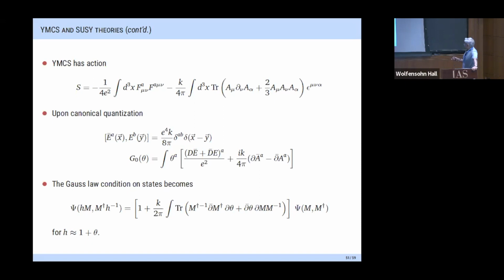So we can look at that, and what it does is the following. If you think of Gauss law as generating an infinitesimal gauge transformation, this is the condition of the Gauss law. It's not that psi gauge transformed is equal to psi. There is an extra factor coming from here, which arises ultimately because this by itself is not gauge invariant, if you have a boundary.